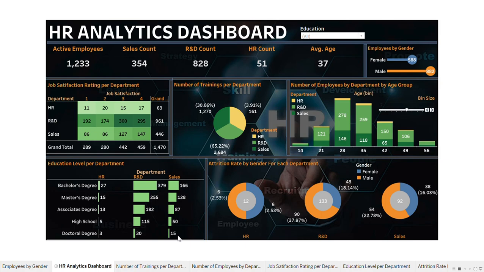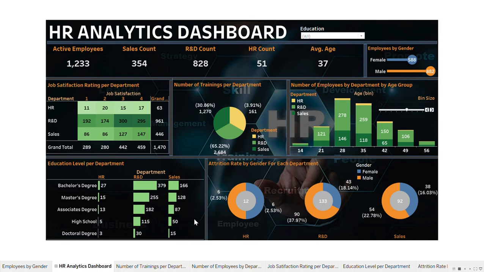This can give you information that will enable you to make a decision, it could be taking your employees for further studies, or maybe promotion, or maybe giving them a task, anything that you want basing on this information. It will accurately visualize and give you that data.